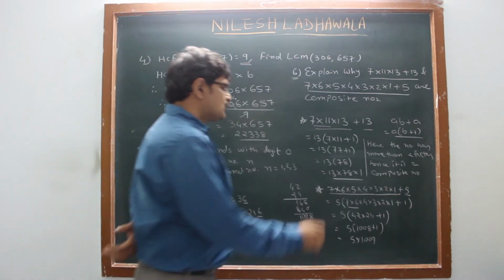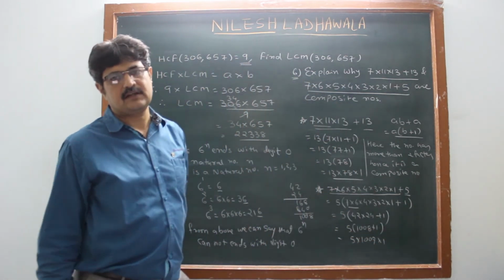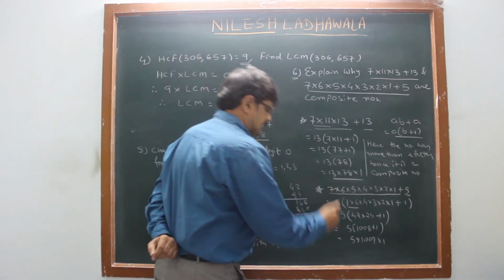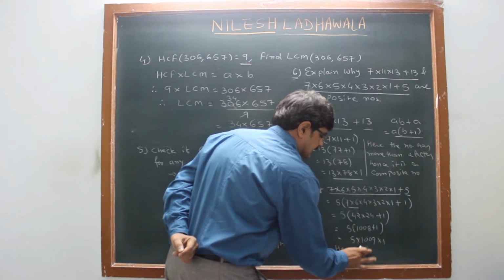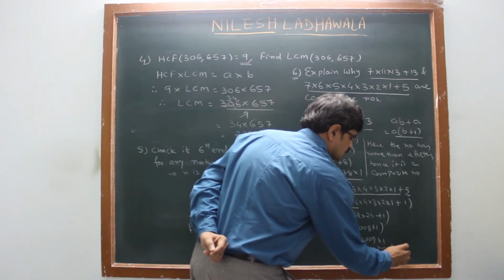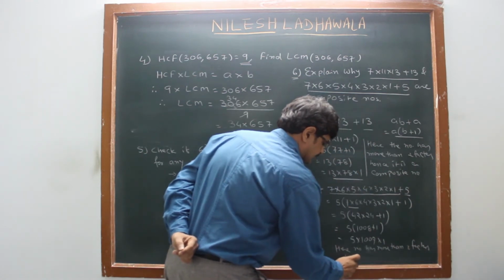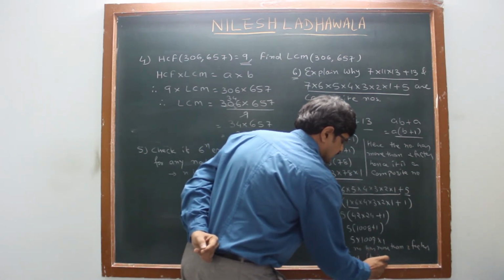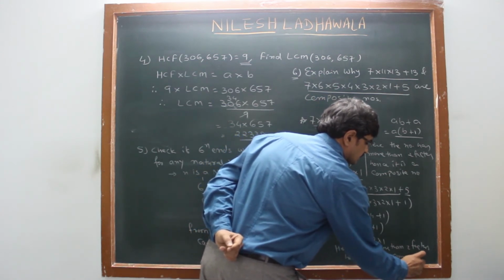Got it? So here I can write multiply by 1 as 1 is the factor of all the numbers, and hence the number has more than 2 factors, hence it is a composite number.